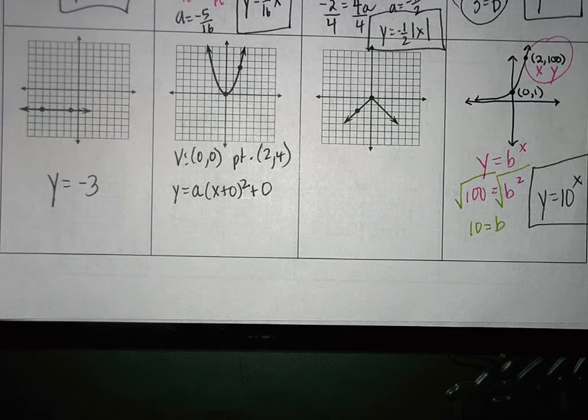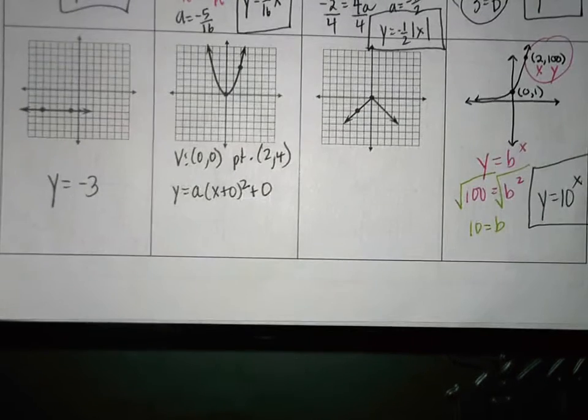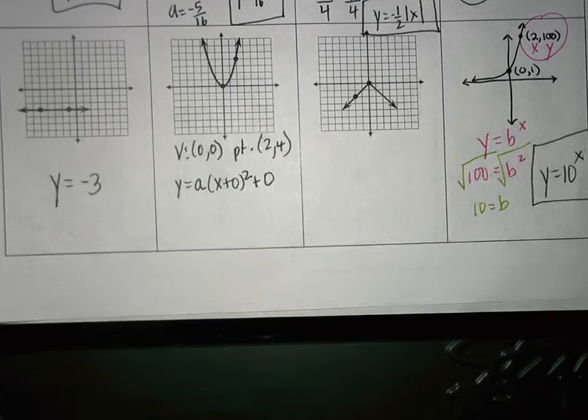Y equals 1x squared. Okay, I was going to have somebody come up and do this one, but you want to? Yeah, I'm down. Okay, come on up. Wait, didn't you already do it? I just started it. We have to plug in and find a.